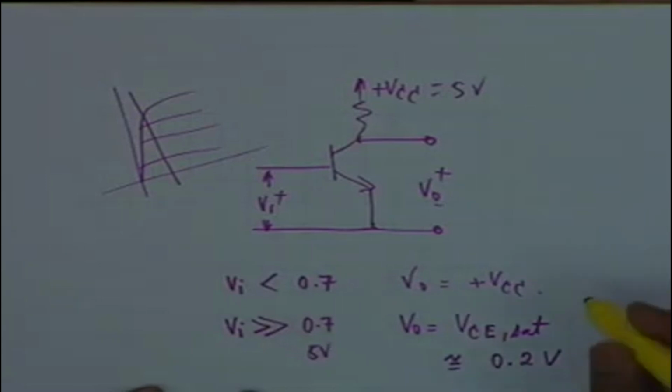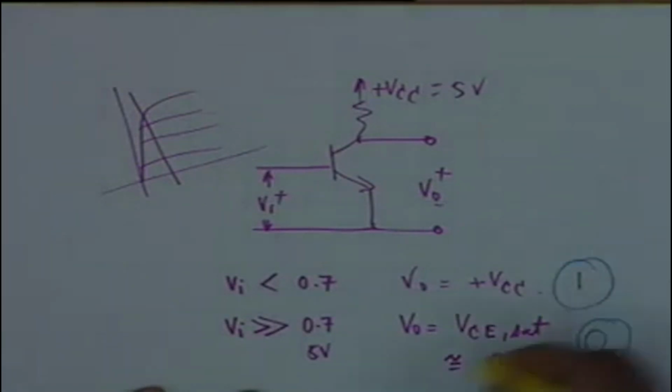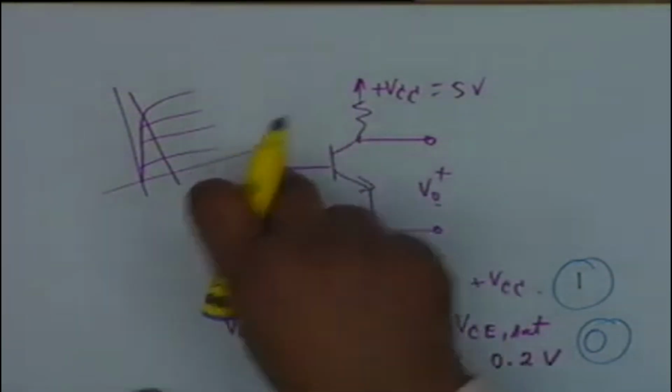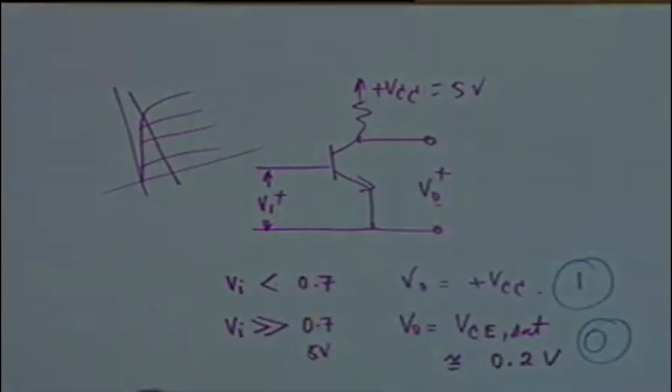Now this logical level is considered as 1 and this logical level is considered as 0. All right. You also notice in this case that if the input is high, then the output is low. In other words, the output is the complement of the input. It is the other way around.